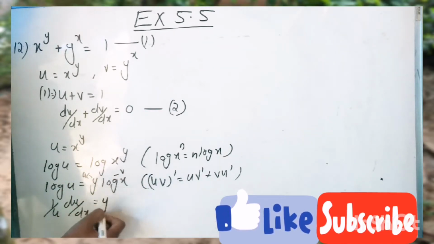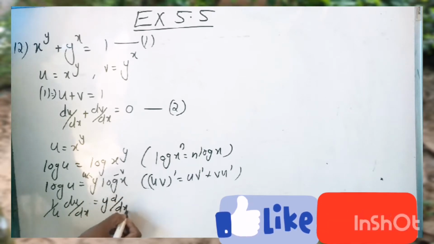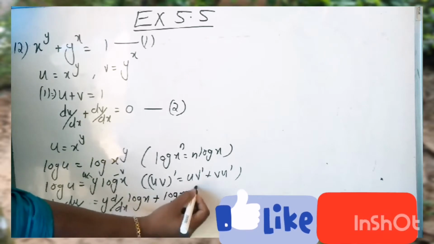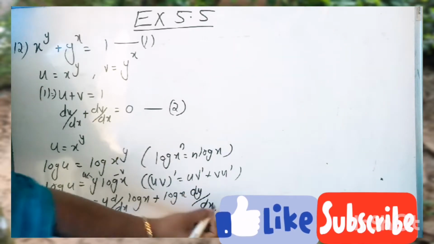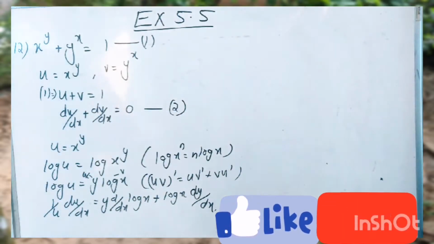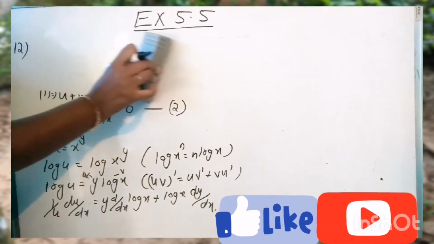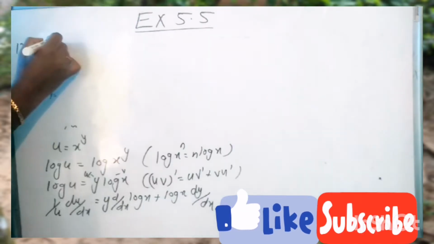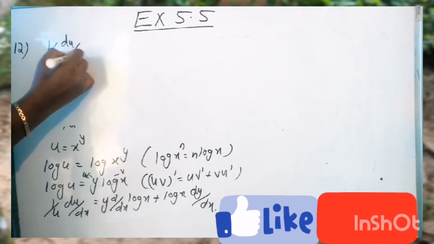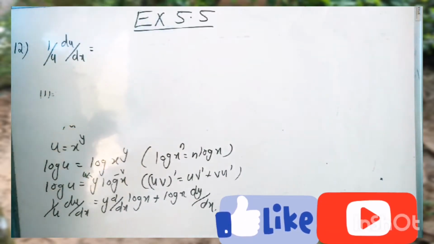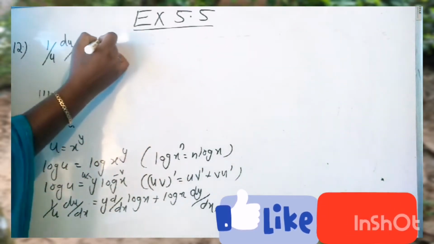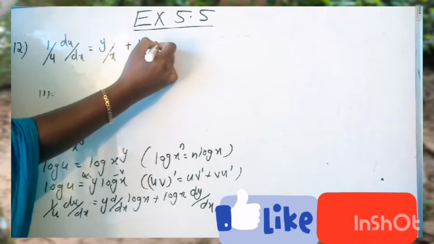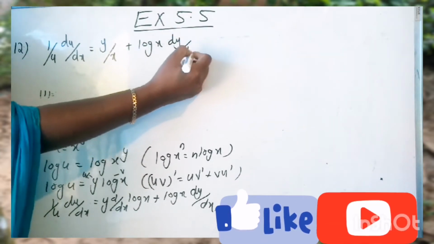Then y into d by dx of log x plus log x into dy by dx. That is, 1 by u into du by dx is equal to, the derivative of log x is 1 by x, so y by x plus log x into dy by dx.